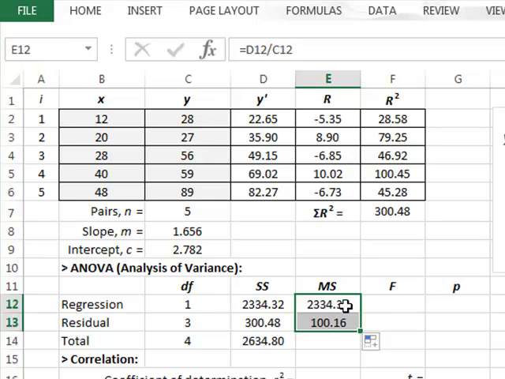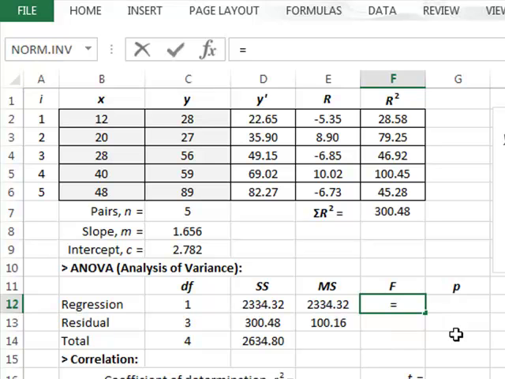So we have the mean square values associated with the regression calculation and with the uncertainty in the data given by the residual mean square. The F value now is the ratio of these two mean square values, the regression divided by the residual mean square values.